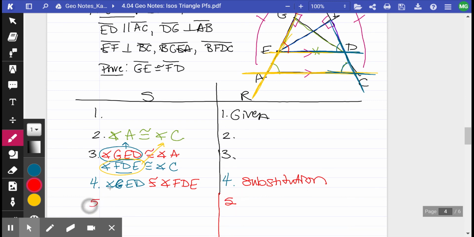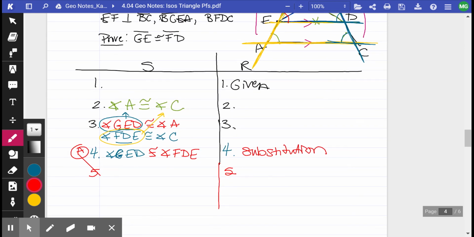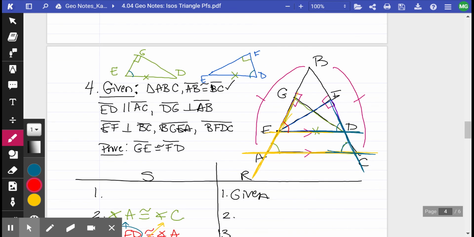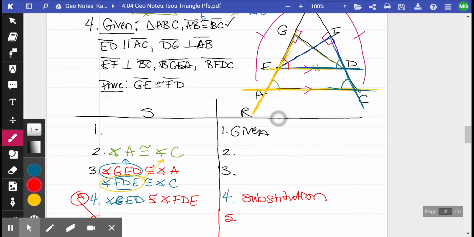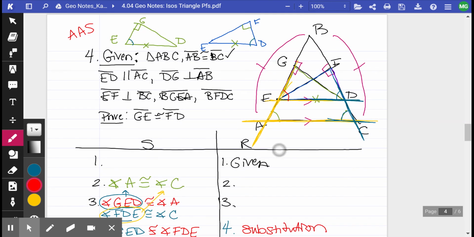All right, so now that gives me a pair of angles in my 2 triangles. I still would need my reflexive property for another side. So it looks like I'm going to do angle, angle, side. So that now I finally have an angle, and I don't have anything else yet. So we'll get the side from reflexive property, and then we still have not concluded from these 2 givens.